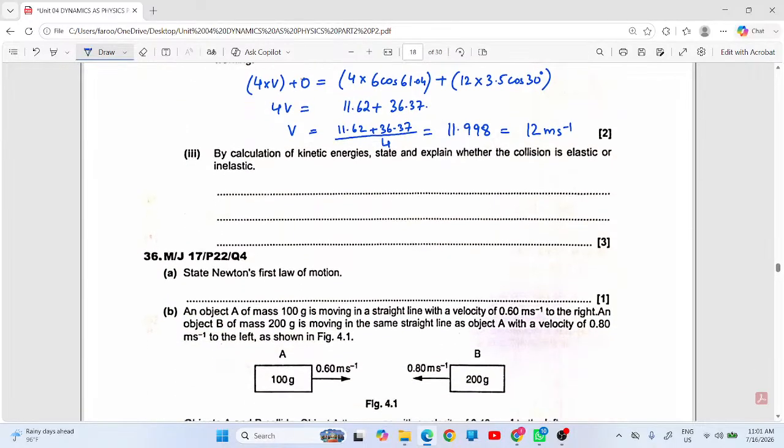Next, by calculation of kinetic energy, state and explain whether the collision is elastic or inelastic.